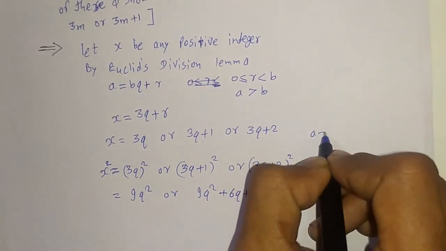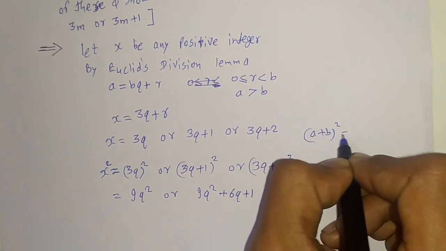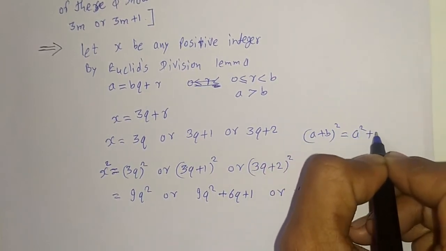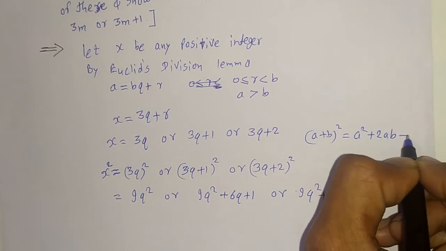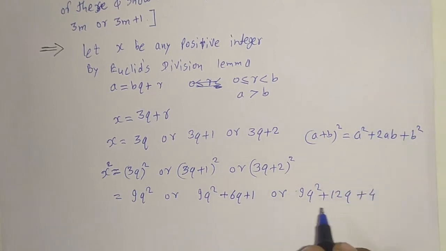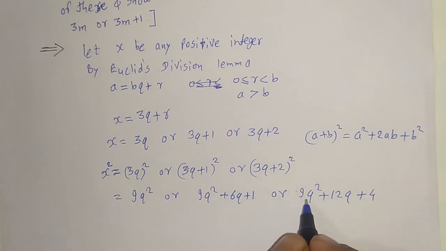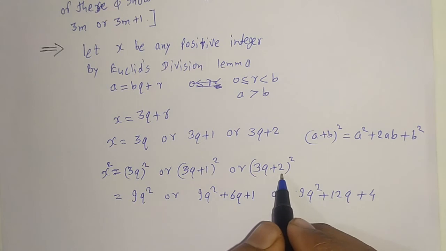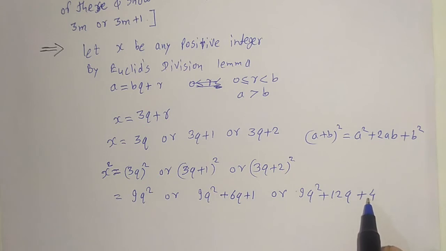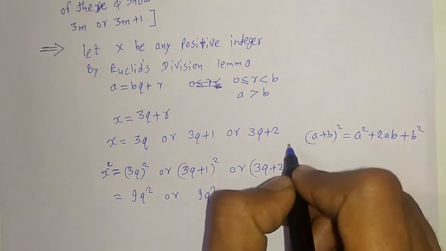What is (a plus b) square? It will be a square plus 2ab plus b square. So what is (3q) square? It is 9q square. Now a into b into 2, 2ab, so it will be 12q, and square of 2 will be 4. Okay.